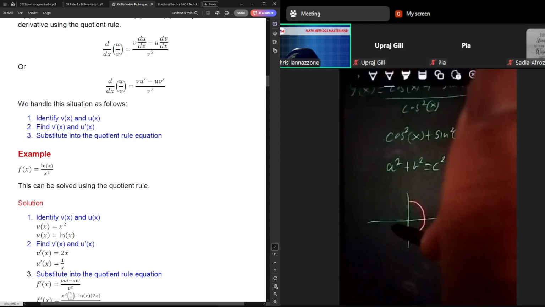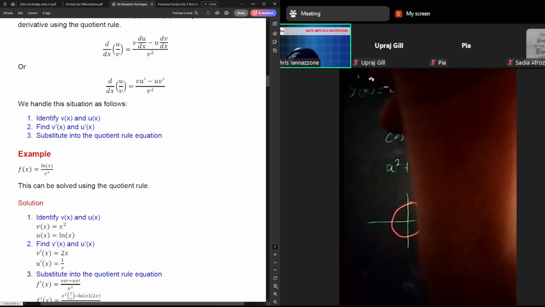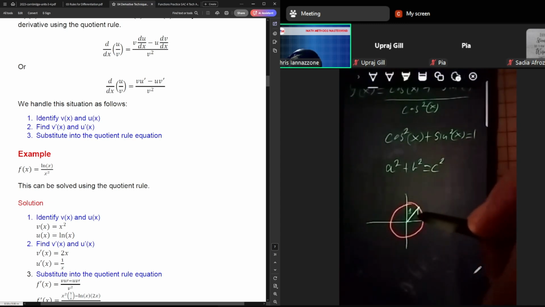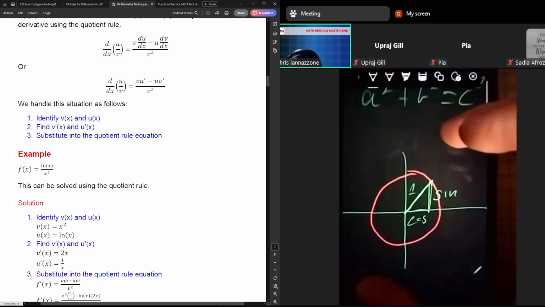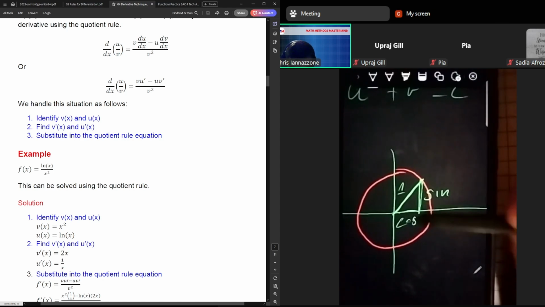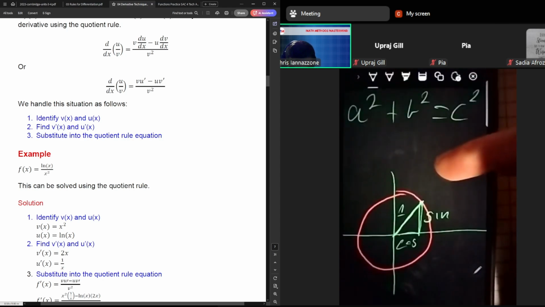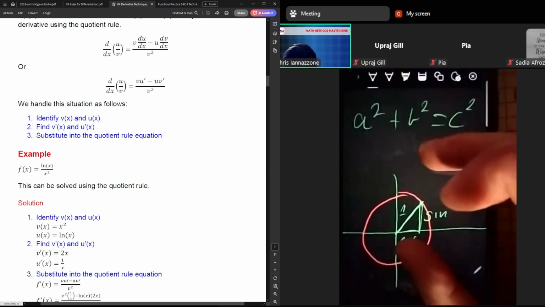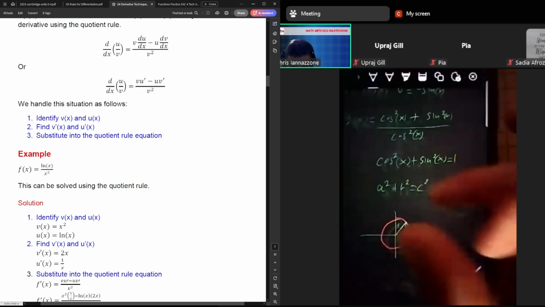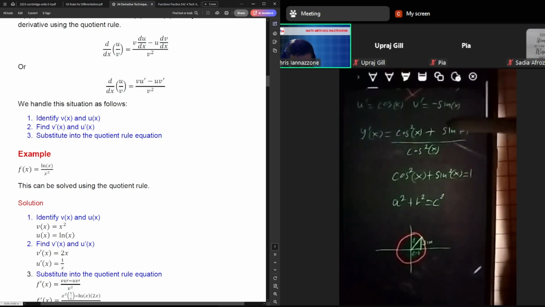So you have your unit circle, it has radius 1, so your hypotenuse is 1. And when you think about the triangle that's being created here, cos is the x and sine is the y. So if you do your a squared plus b squared equals c squared, that's sine squared plus cos squared equals 1 squared. And from there, 1 squared is just 1. So that's where that came from.